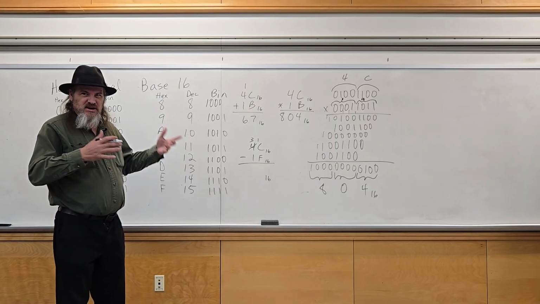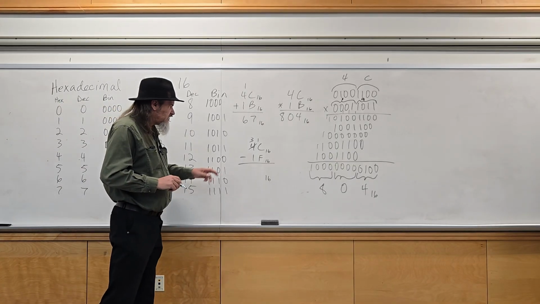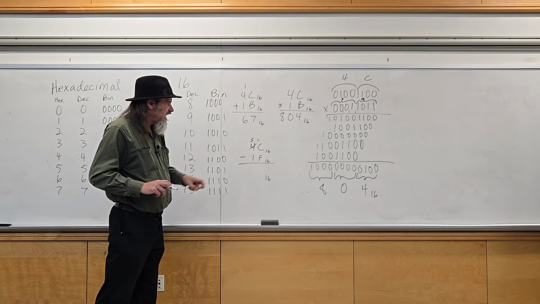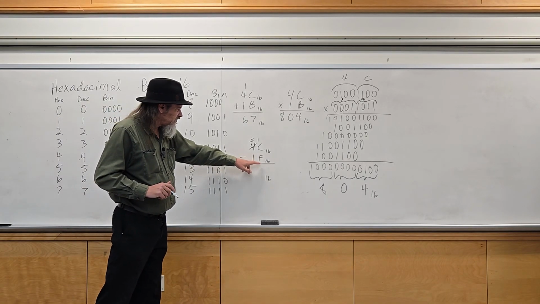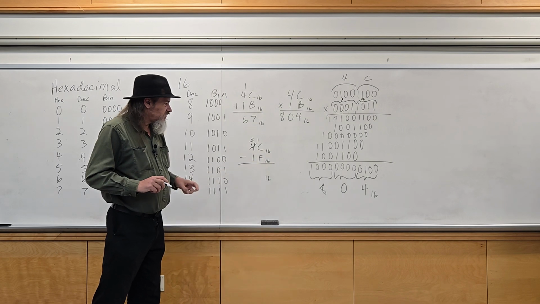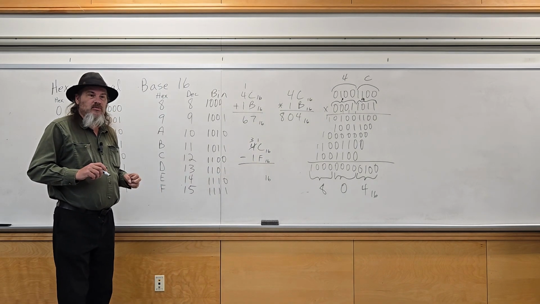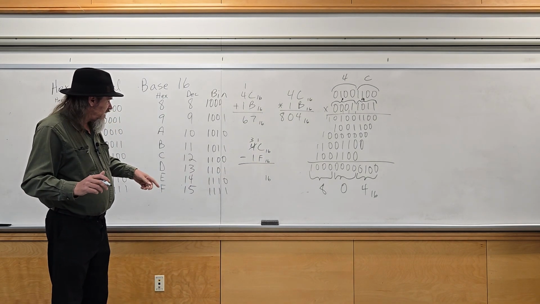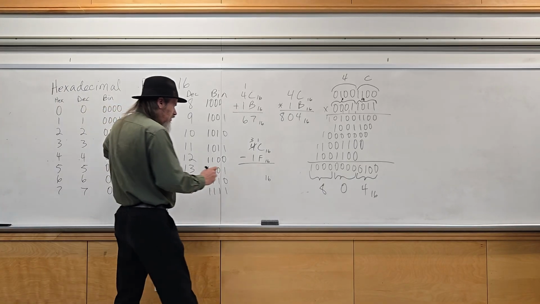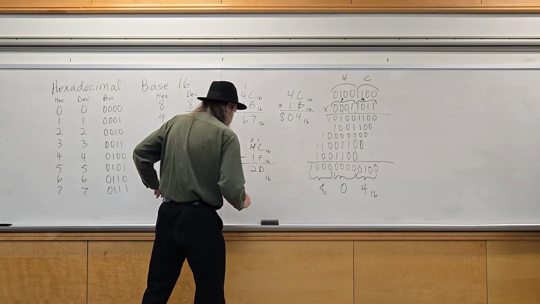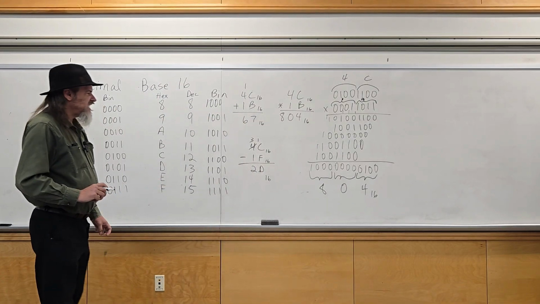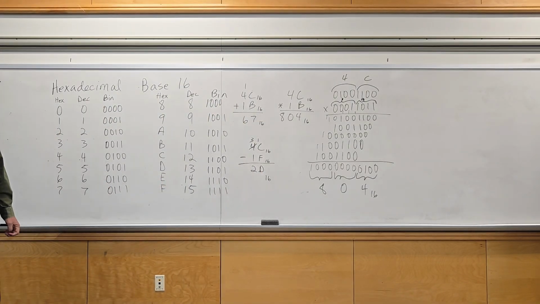So yeah, saying it gets a little confusing. 1C is 28 in decimal, minus F, which is 15. So it would be 13, which is D, and you would have 2D as your result.